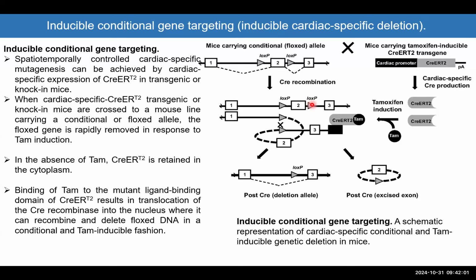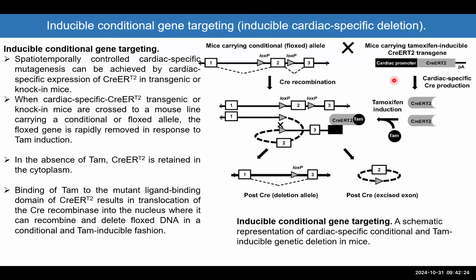So one of your colleagues asked me how you can control when the CRE will work, where the CRE can work, and at what stage the CRE can work. So in this slide, you can control everything. You can control which cells, because the promoter is specific to cardiomyocytes.